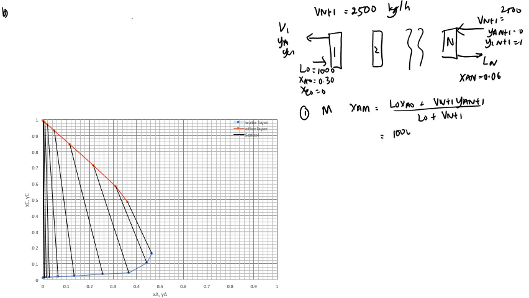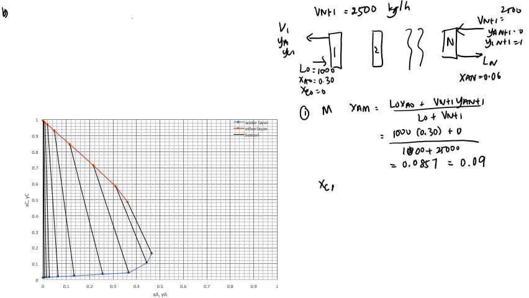So that's 1000 times 0.3 plus 0 because there is no A in the solvent, divided by 1000 plus 2500. Then you get Xam equal to 0.0857, which is impossible to plot by hand. So you can approximate it with 0.09 if you were to plot by hand.